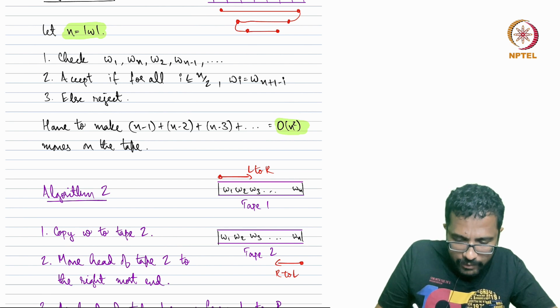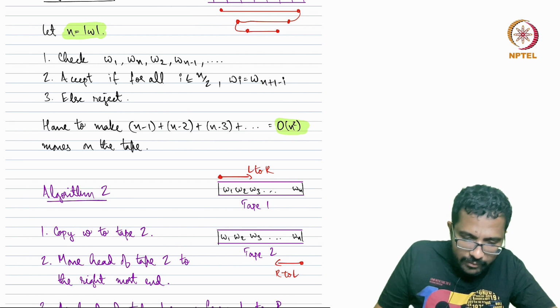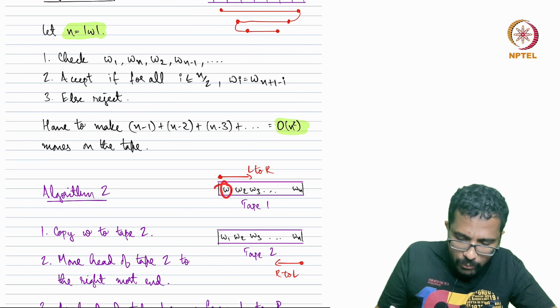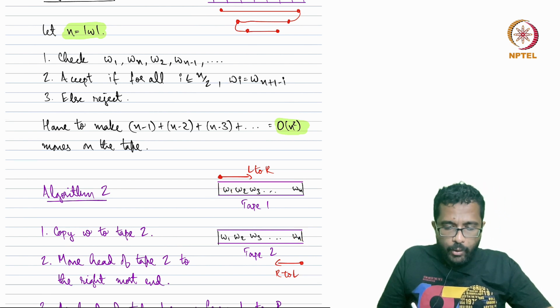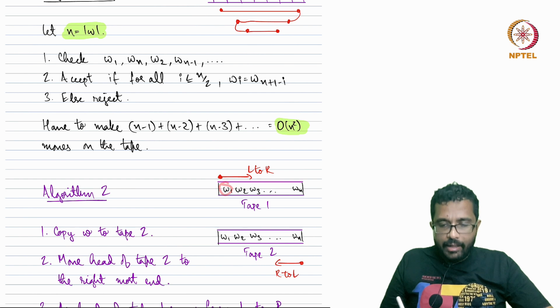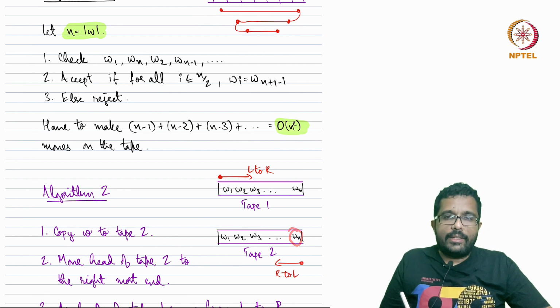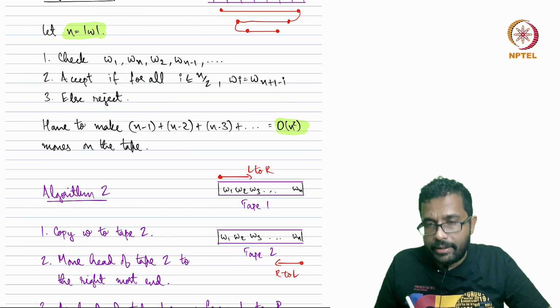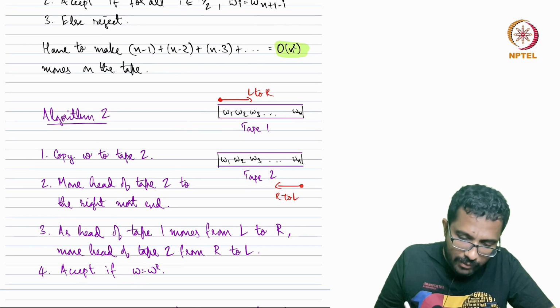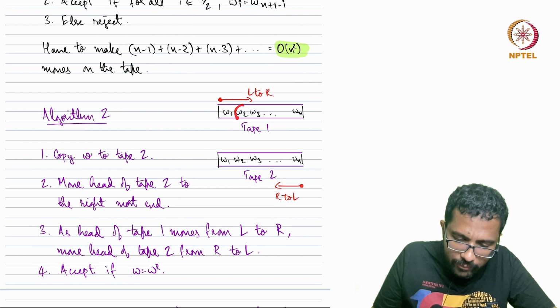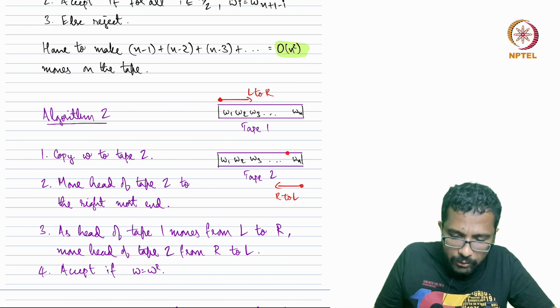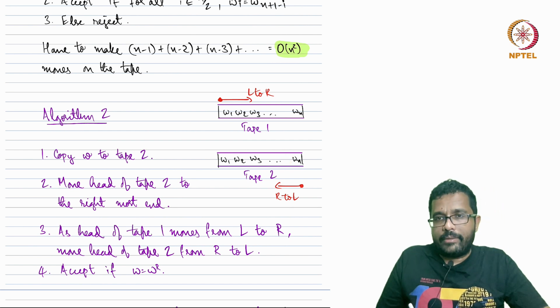So first we check, is W1 the same as Wn, because the tape 1 head will be reading W1 and tape 2 head will be reading Wn. Are these two the same? If they are the same, we proceed. If they are not, we reject. And then if they are the same, the head on tape 1 reads W2, while that on tape 2 reads Wn-1.